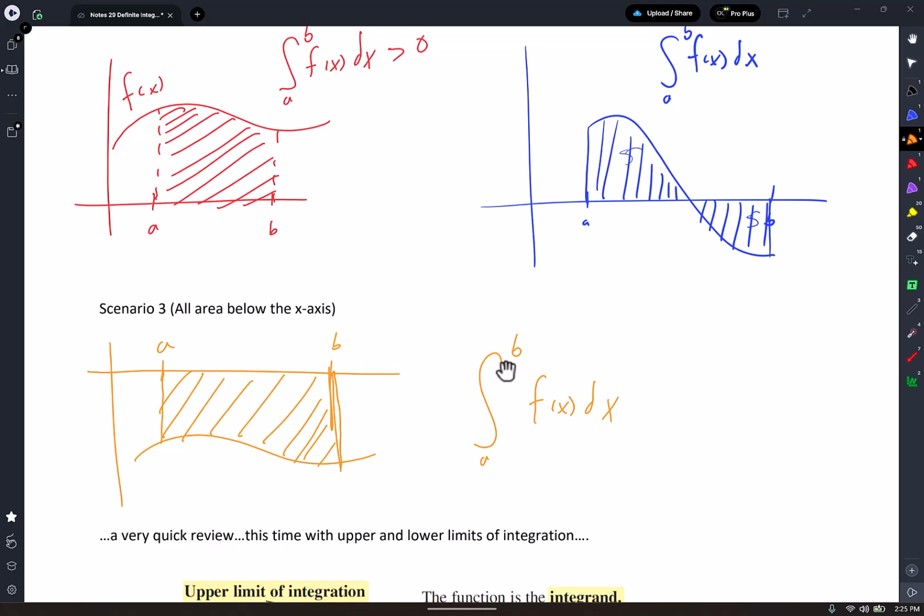So when I add this up, it's going to be a negative number, so I'm going to write less than 0. If the area is below the x-axis, the integral will give you a negative number. Does that make sense to you guys?